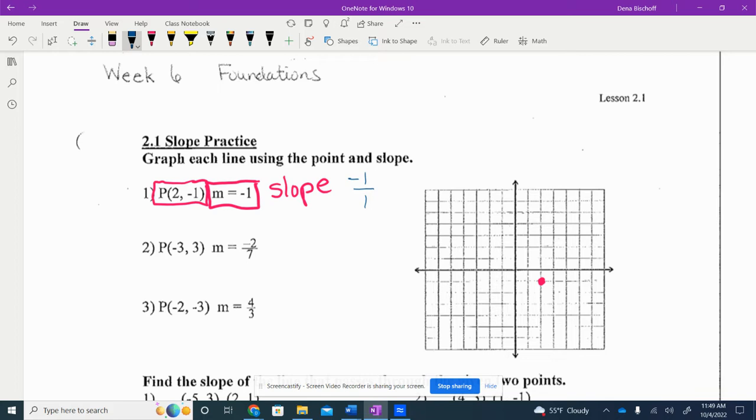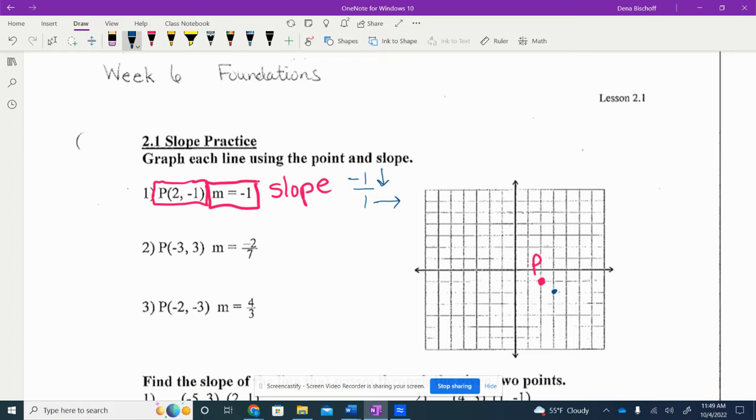The top number tells me the up or down. So because my slope is -1, am I going to go up or am I going to go down? I'm going to go down. And we always run to the right. So from this little pink point that I graphed originally, this is point P, I have to go down 1 and over 1 and plot a new point.